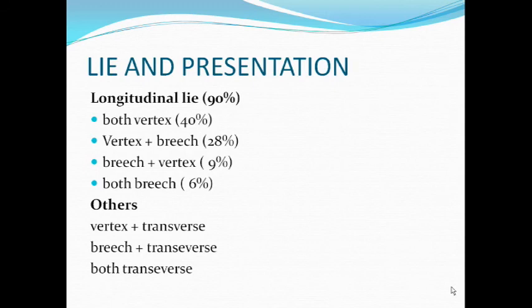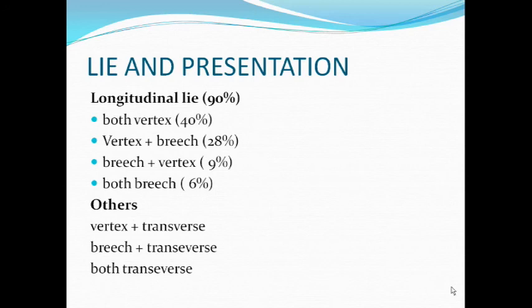When you assess for lie and presentation, in 90% of cases you will find a longitudinal lie, while in the rest you will find other lies. In longitudinal lie, in 40% of cases you will find both babies in vertex position. In 28% the first baby is vertex and the second breech.